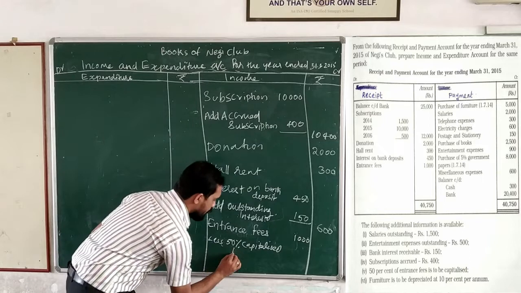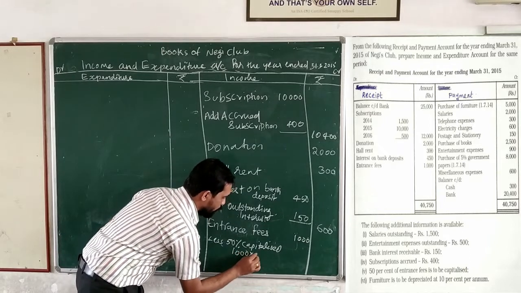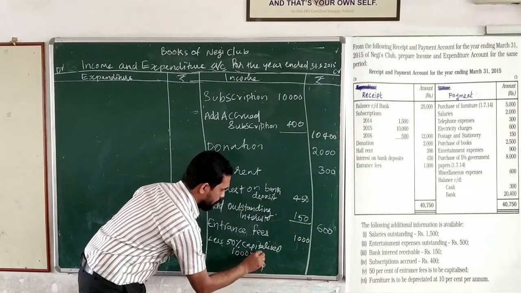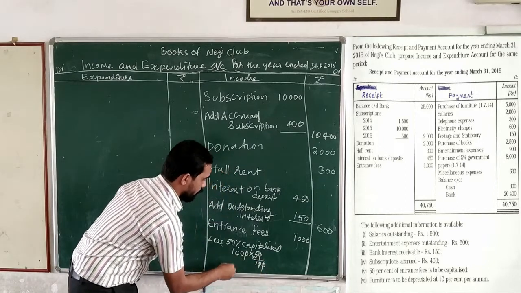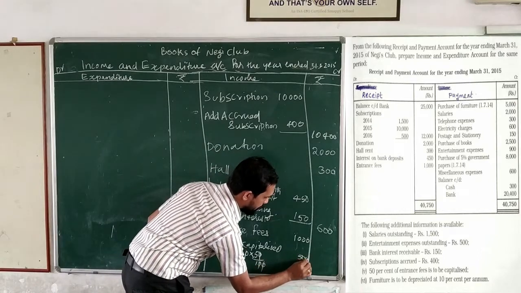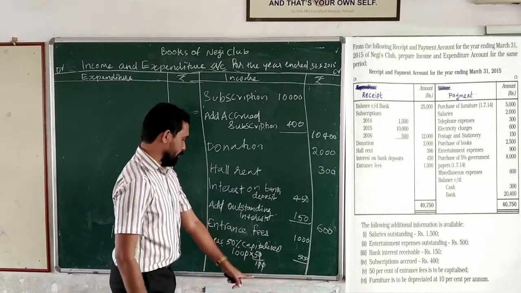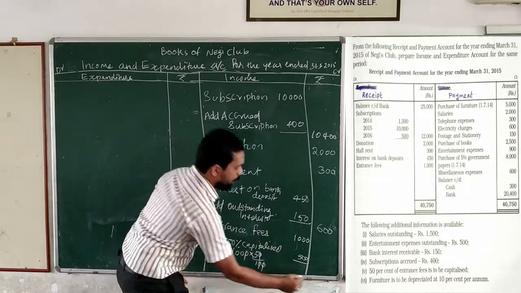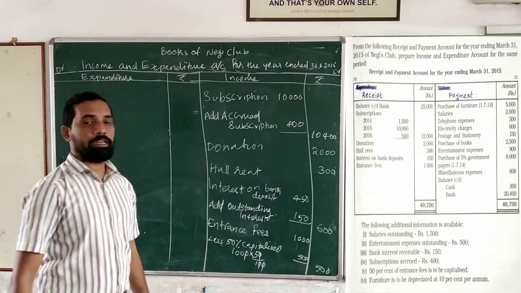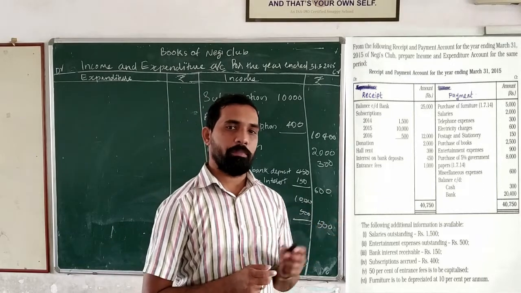That means 1000 into 50 divided by 100, so 500 rupees. So we can deduct it from this 1000. We'll get 500 rupees entrance fees. Next we can move to the payment side.